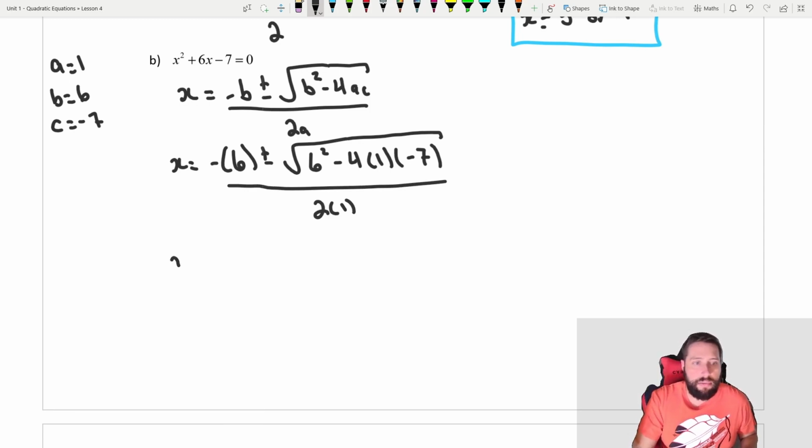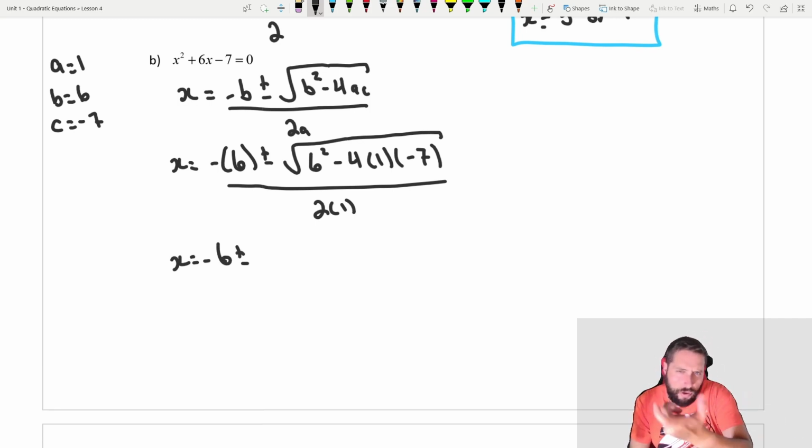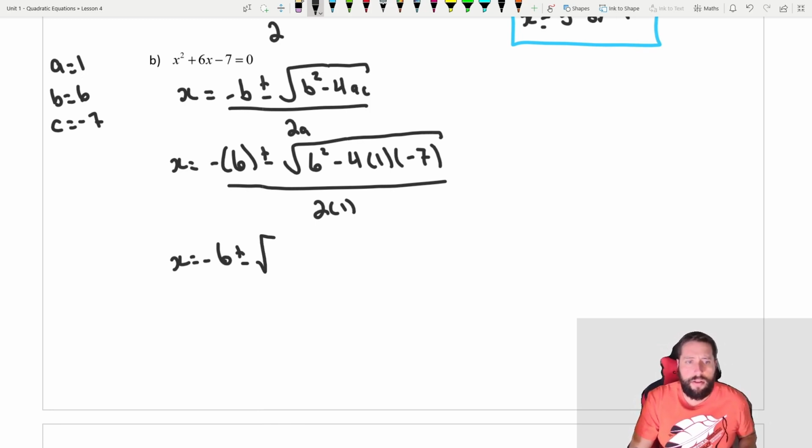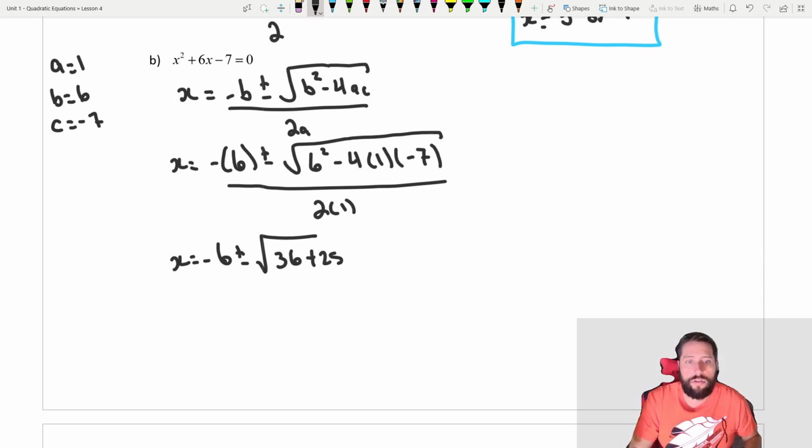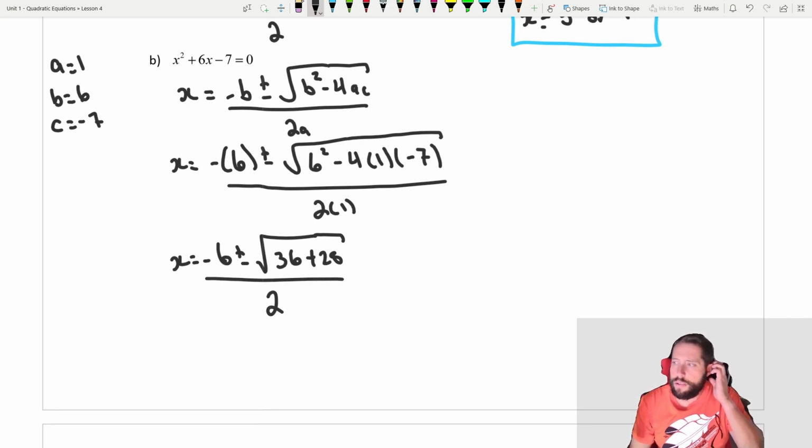So x is equal to negative 6 plus or minus. Now we're going to figure out all the operations inside the square root. The root of 36 minus, well, it's going to be 4 times 1, so it's 4. So we have negative 4 times negative 7, which is actually going to be positive 28, all over 2. So 36 plus 28 should give us 64.